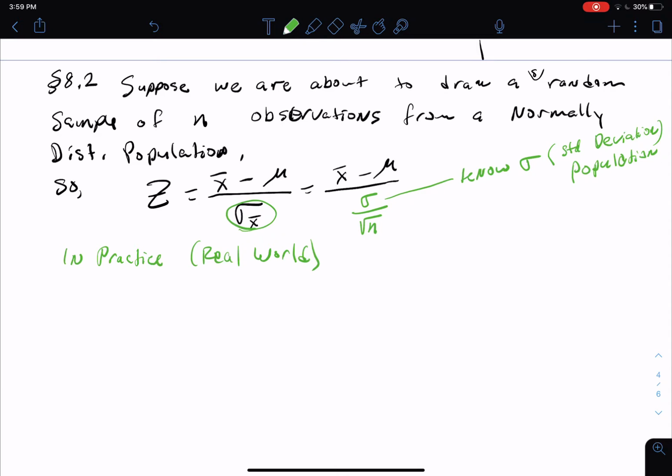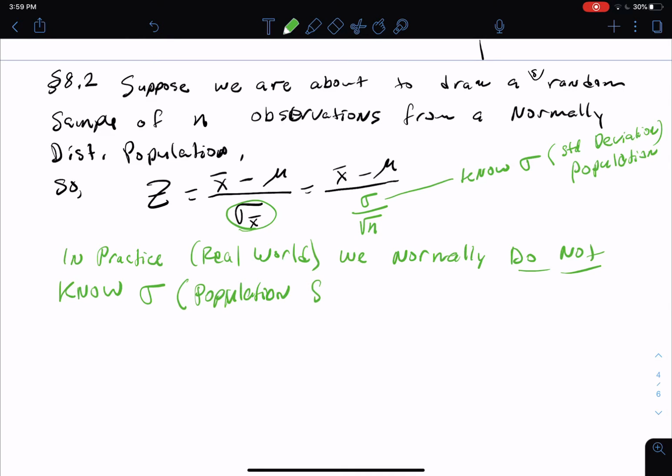if we're looking for mu, the population mean, and we can't find that, we're trying to estimate it because it's too hard to find. Along with not knowing the population mean, we normally do not know sigma, which is the population standard deviation.